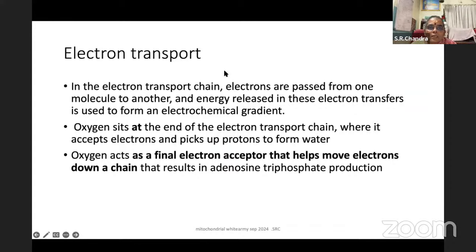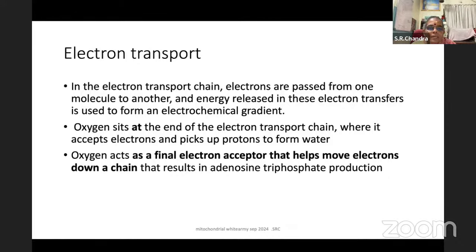So in the electron transport chain, electrons are passed from one molecule to another, and the energy released in these electron transfers is used to form an electrochemical gradient. Oxygen sits at the end of the electron transport chain, where it accepts electrons and picks up protons to form water.